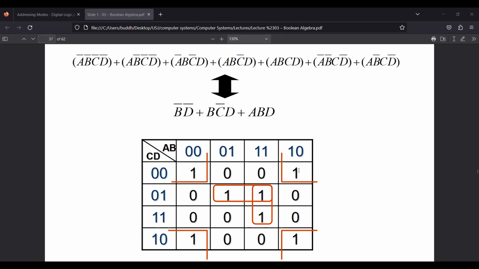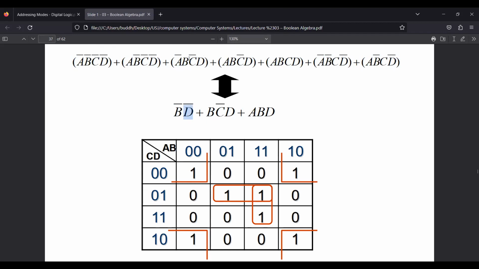That is this one. So likewise, there are 1, 2, 3, 4, 5, 6, 7 sub problems in this expression. And we can simplify this whole thing into this using the map.